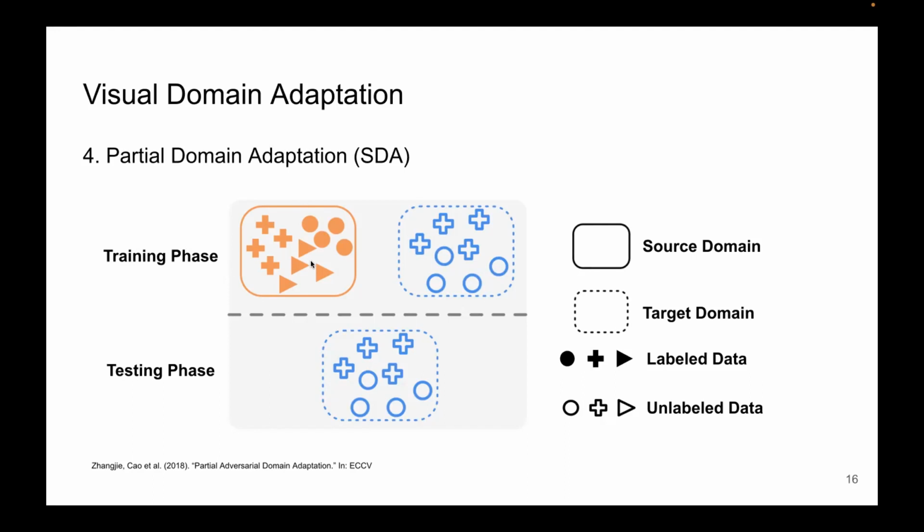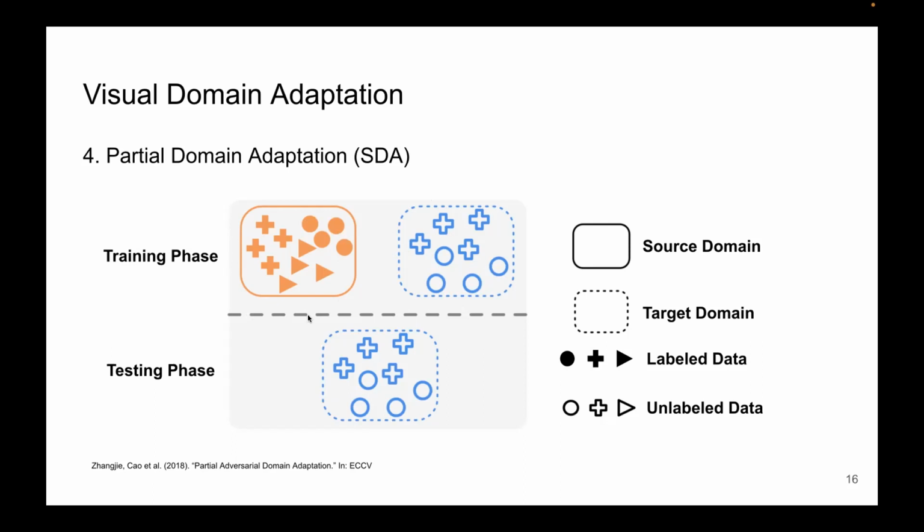You may wonder, I already have information from many more classes. Can it also be very helpful for this task? So the knowledge from multiple classes can be useful to train the classifier for fewer classes. This is the assumption behind partial domain adaptation.